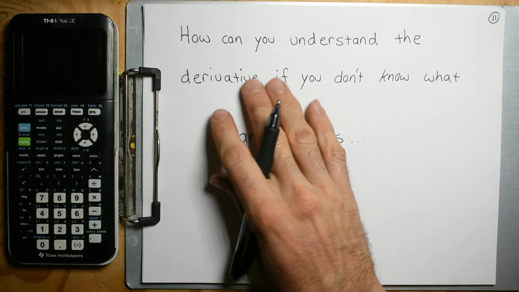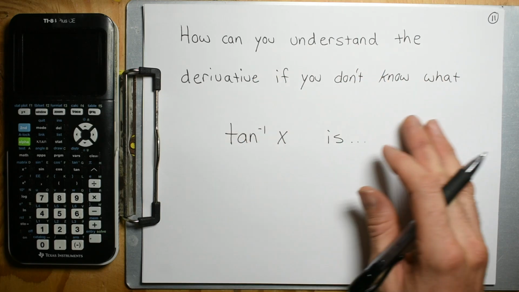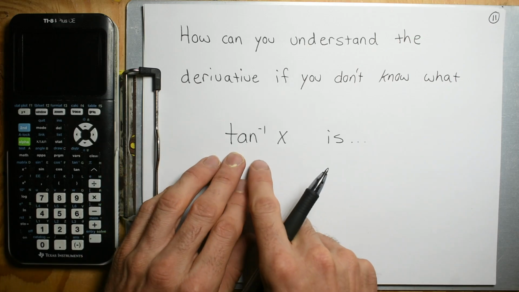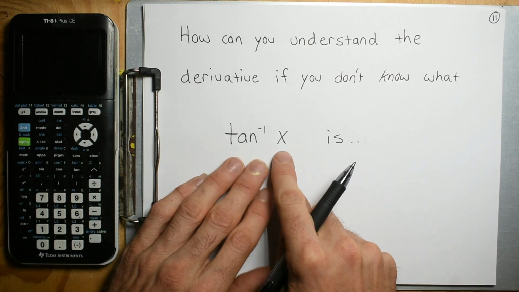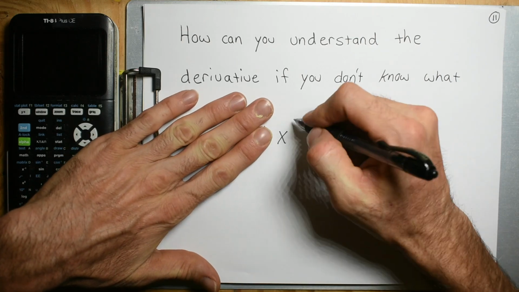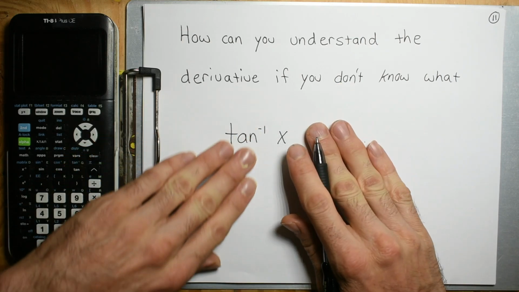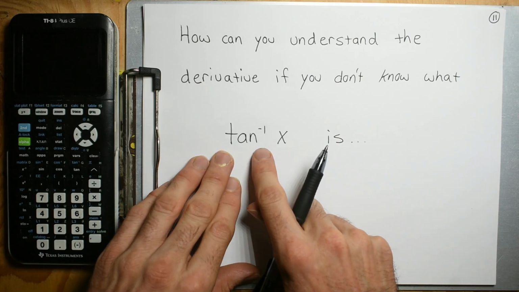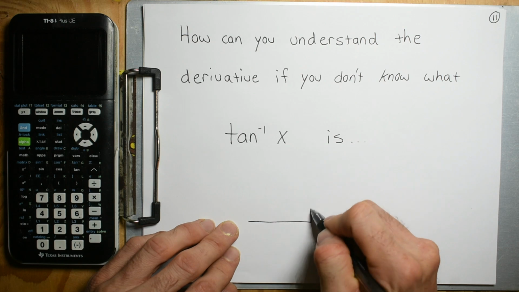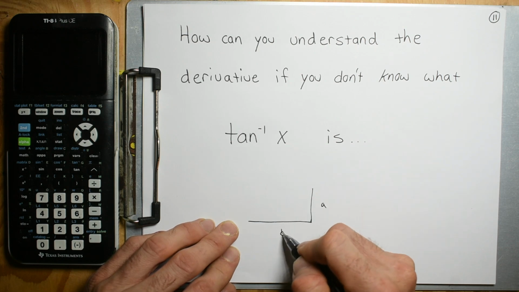Alright, so how can you understand the derivative if you don't know what inverse tangent of x is? I guess we're going to explore this. Inverse tangent says, I have a ratio, and I want to know the angle. So it's saying I know the ratio between this side and this side.